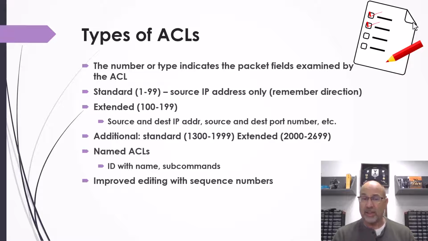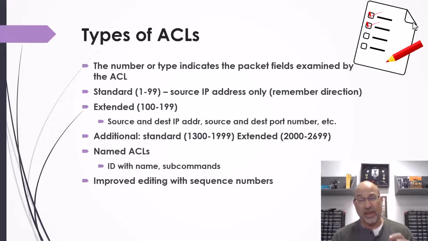So standard access lists use numbers 1 through 99, but can also use 1300 to 1999. Extended access lists, the minute you use a number between 100 and 199 or 2000 and 2699, then the logic of the IOS says, oh, I know that we're dealing with more fields.